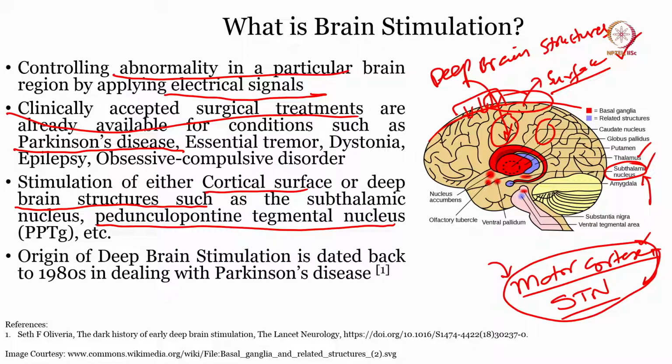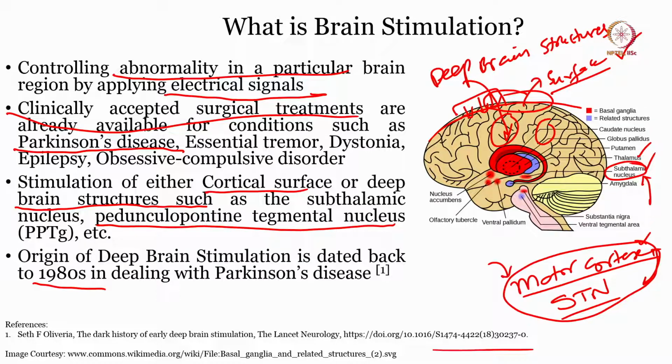And for Parkinson disease, the origin of the treatment started from the 1980s, roughly some four decades back. If you want to go through, I have given the references here. You can refer to them and see what kind of work has been done so far.